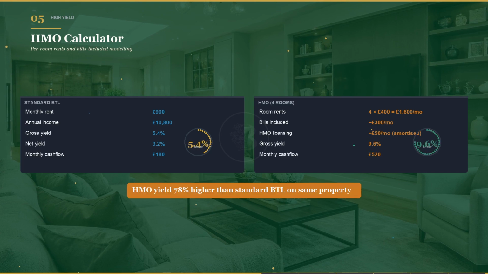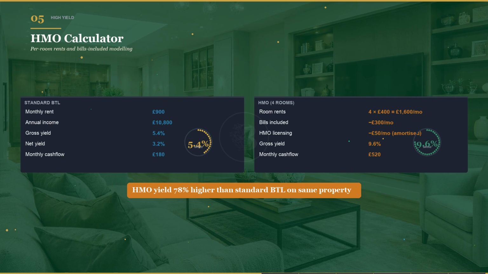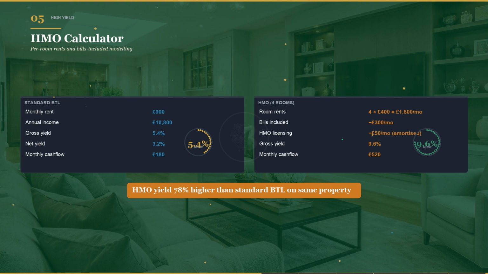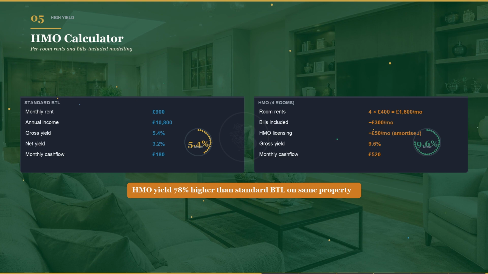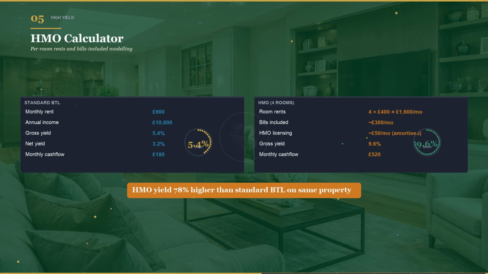Houses in multiple occupation represent the highest yielding strategy in UK buy-to-let. The dedicated HMO calculator models per room rents. Four rooms at £400 each generates £1,600 per month, compared to perhaps £900 for a single tenancy. Toggle bills included mode to account for gas, electric, water, broadband, and council tax, typically £200 to £400 per month.